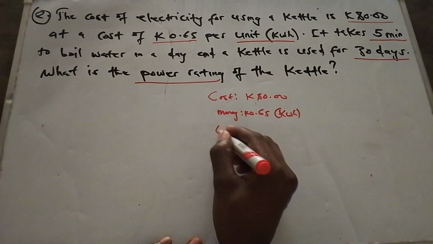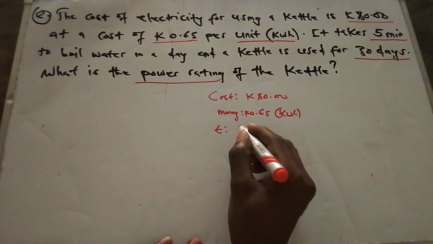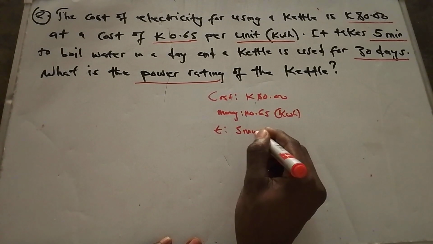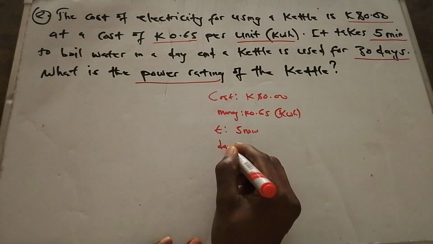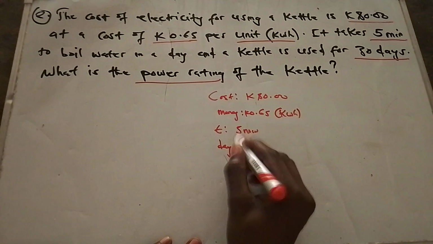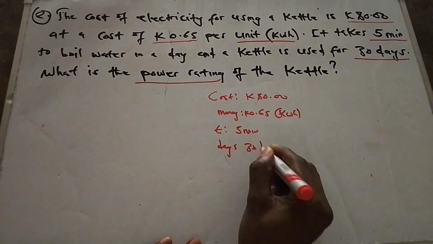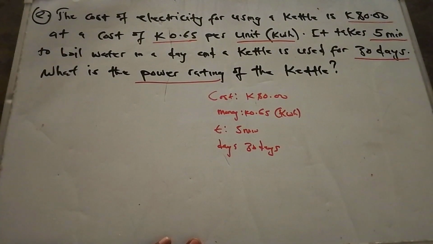Then time, we have 5 minutes. Then we also have days. So days, it was used for 30 solid days. So this information is the one we're going to use to come up with what the question is demanding us to calculate.